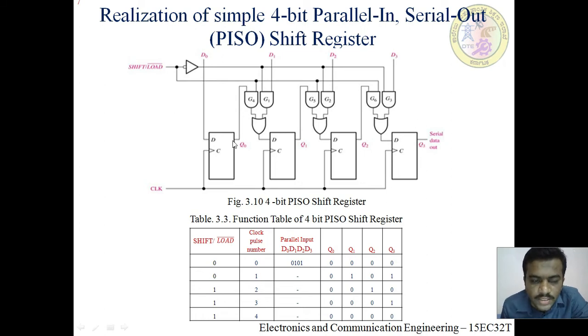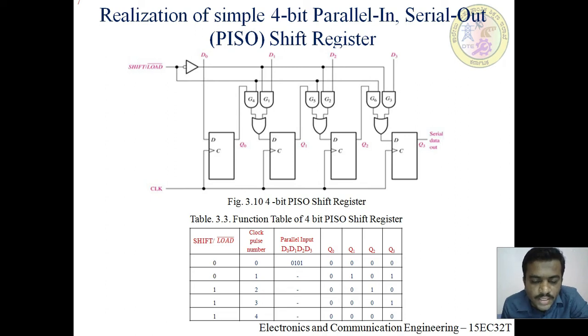It means that when the shift/load bar signal is binary 0 and a clock pulse is applied, the 4-bit binary value is loaded into the shift register simultaneously and appears at the output of the individual flip-flops. After the first clock pulse, the shift/load bar signal is set to binary 1.